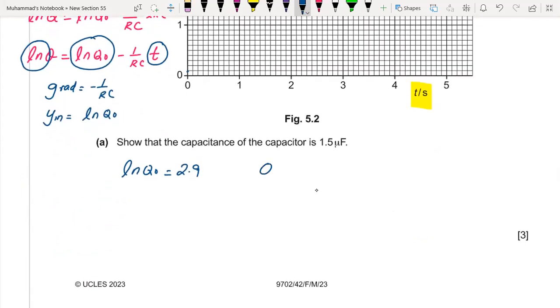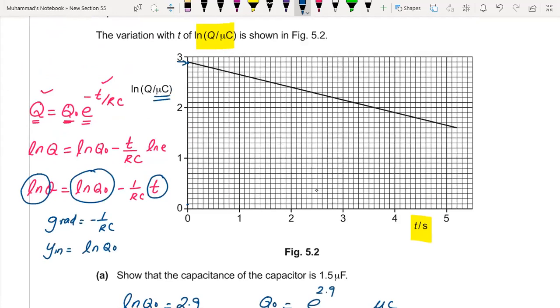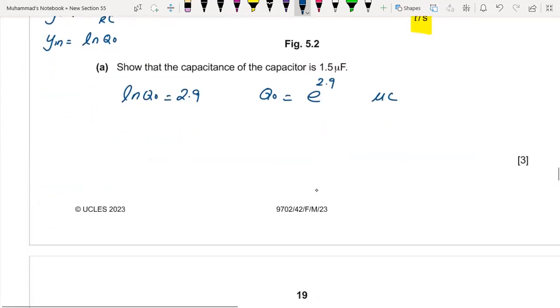And so initial charge is, taking inverse log, e to the power 2.9. And the charge will be in microcoulomb. How do we know that? This is already mentioned in the question. So we will find initial charge.